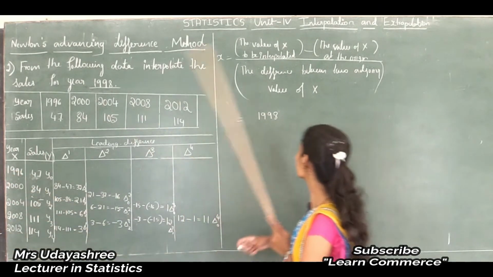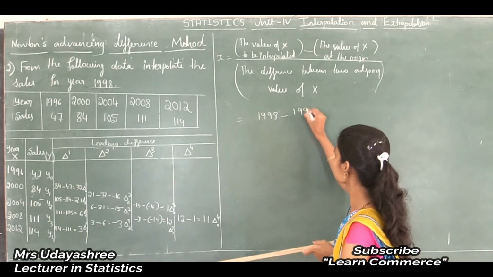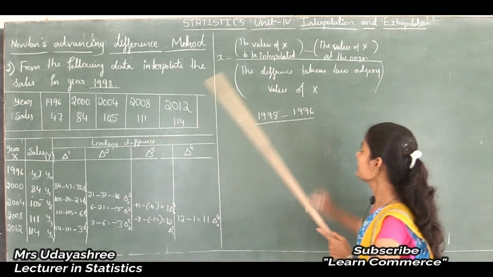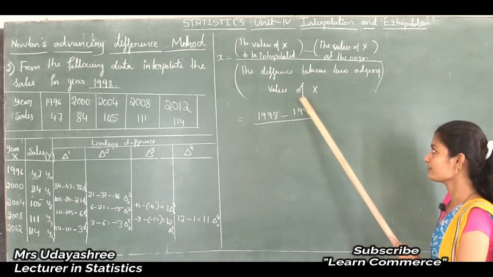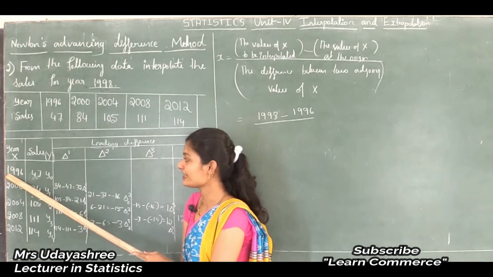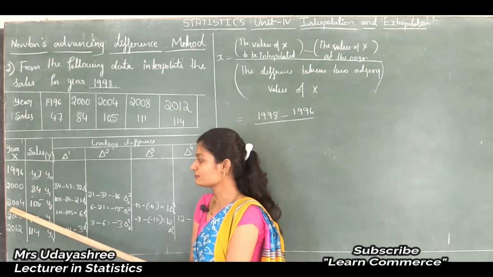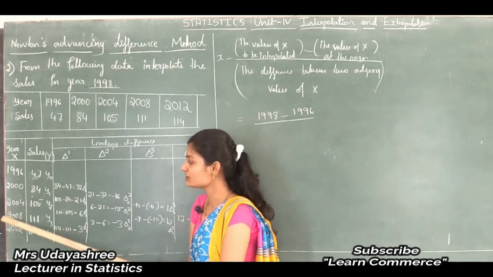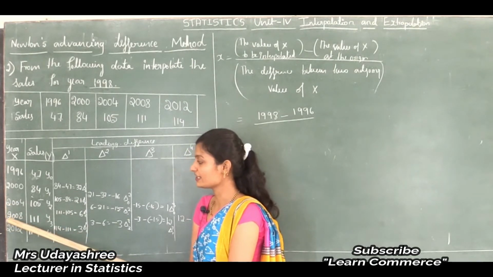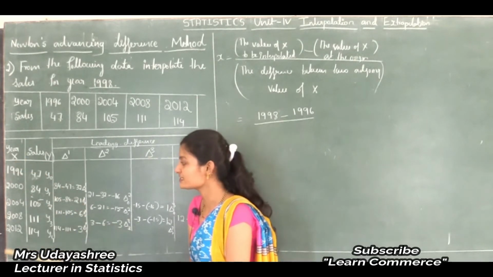In the place of the value of x at the origin I will substitute 1996, divided by the difference between two adjoining values of x. From 1996 to 2000 the difference is 4, 2000 to 2004 the difference is 4, 2004 to 2008 is 4, and 2008 to 2012 is 4. So the common difference is 4.